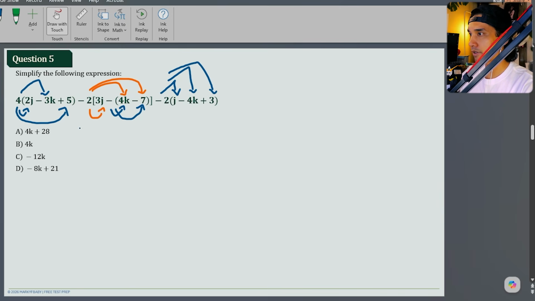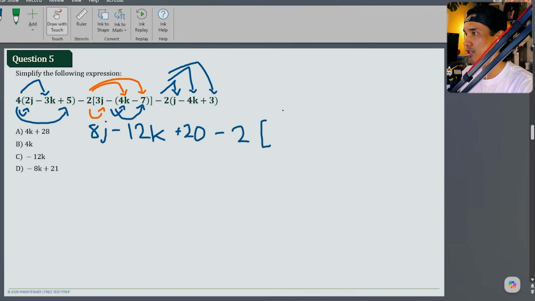We have 4 times 2j, that is 8j. And then I have negative 12k. And then I have 4 times 5, that is 20. All right, perfect. And then I have this negative 2, and I'm not going to do anything with that just yet.